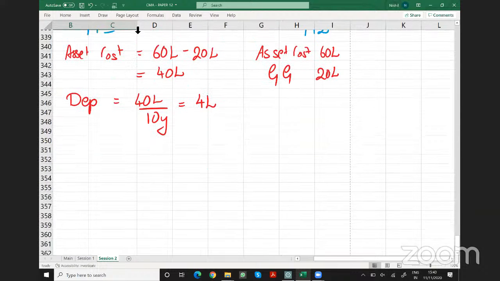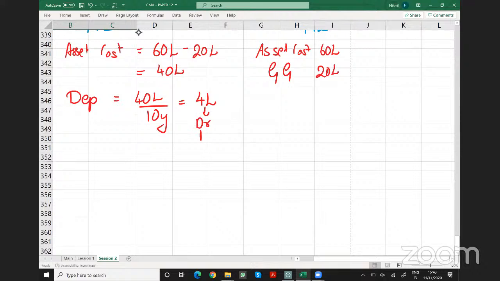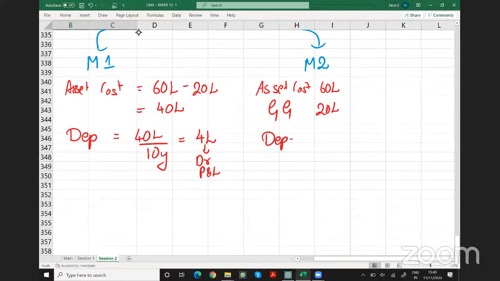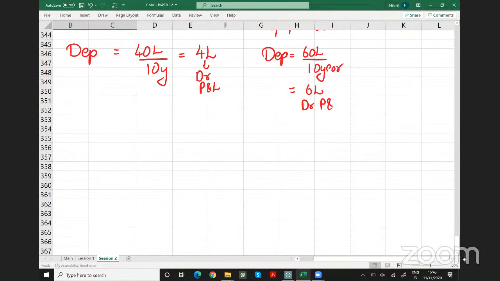So what you should do, your depreciation will be 60 lakhs divided by 10 years, which is 6 lakhs, should be debited to P&L. Plus you have received 20 lakhs as government grant. This 20 lakhs divided by 10 years, 2 lakhs should be credited to P&L.